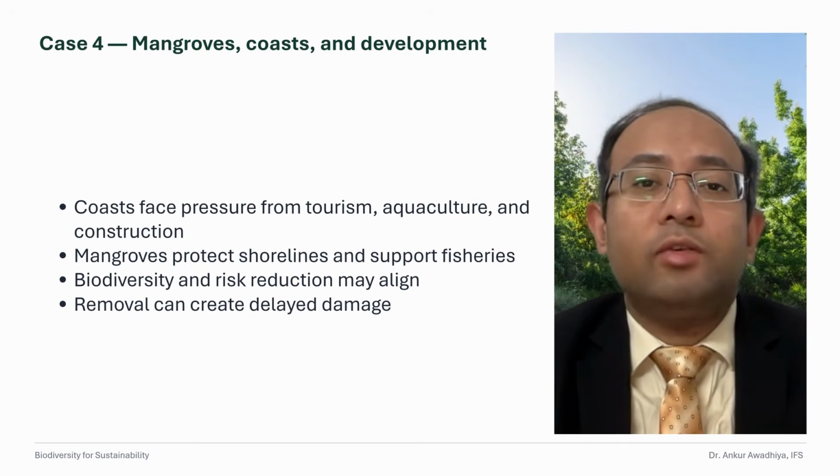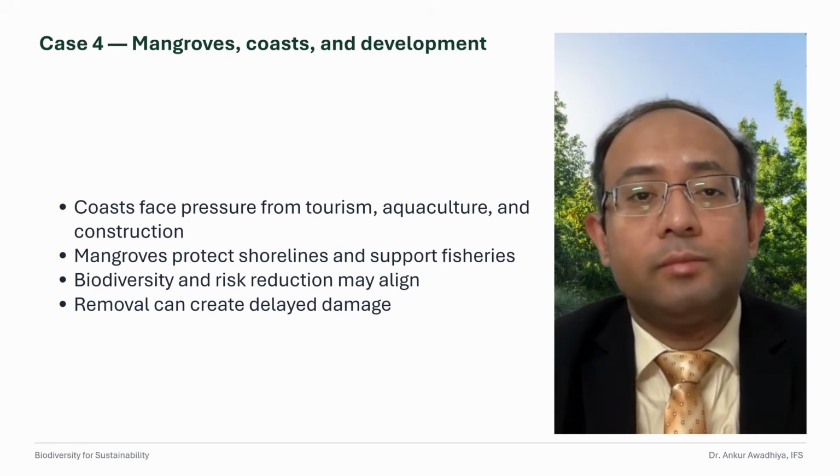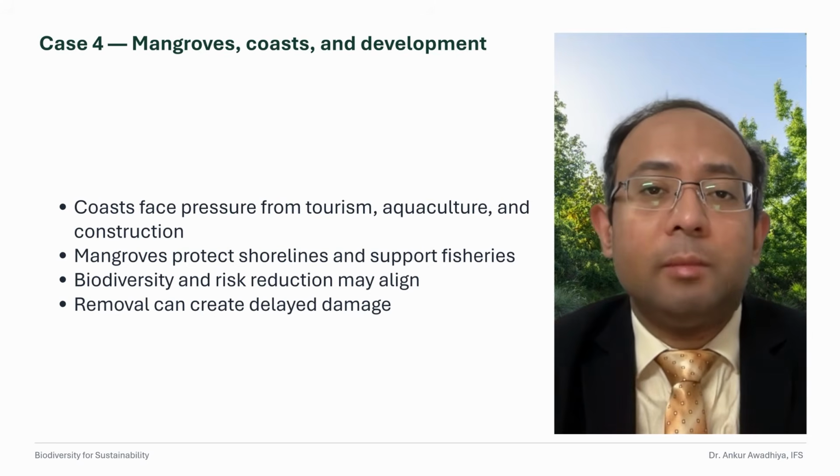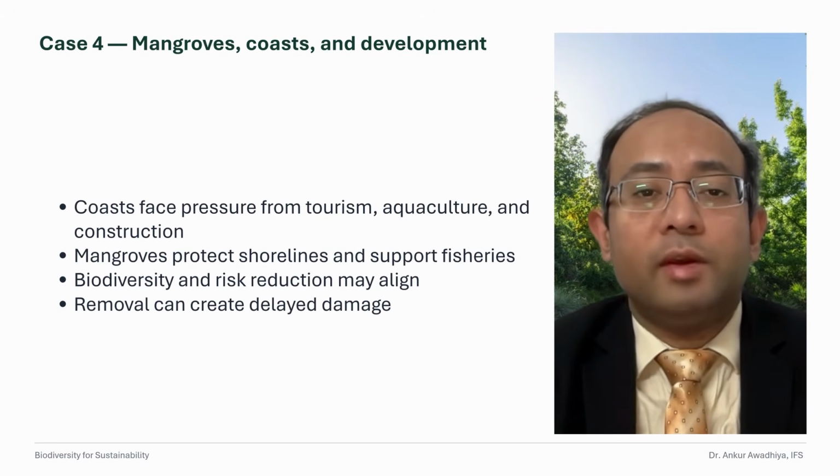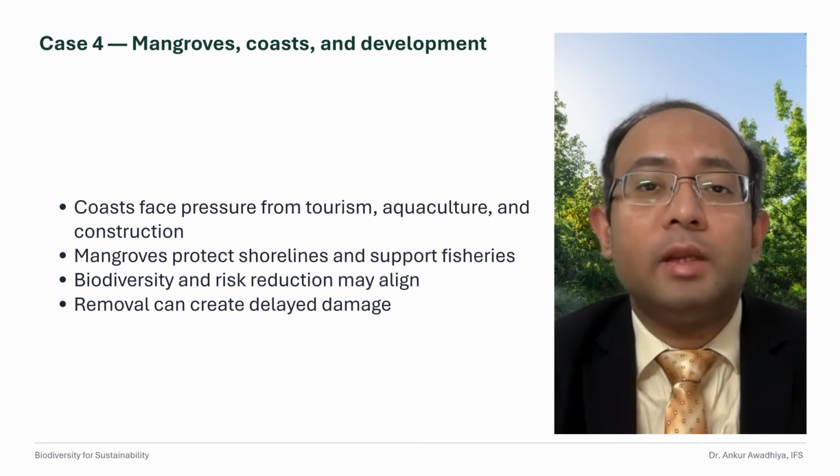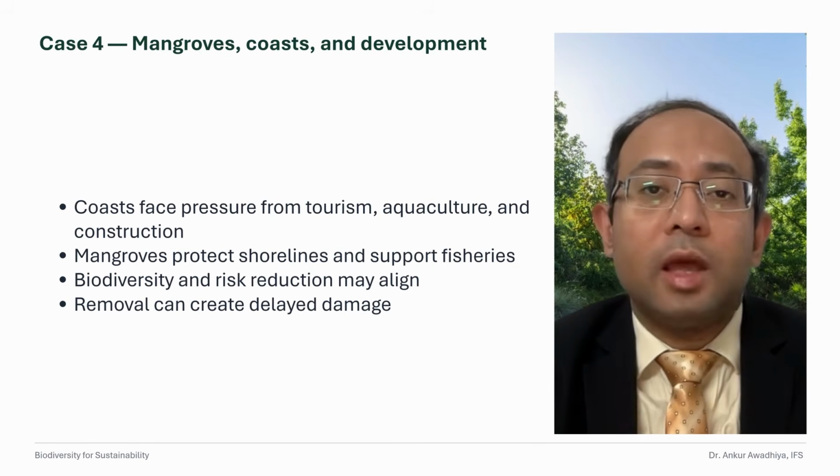Coastal zones attract intense development pressure from tourism, settlement, and production. Mangroves provide shoreline protection by absorbing wave energy. They also provide a nursery habitat for many fish species. They are carbon storage structures and they also provide biodiversity support.